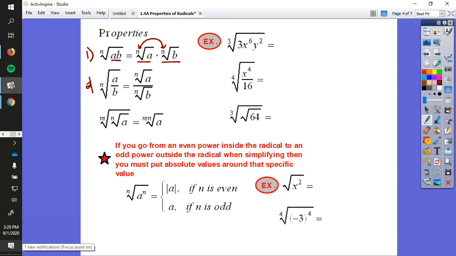With quotient properties, we looked at splitting it up, but you also want to keep in mind we could also bring it back. So let me show you what I mean by that. If we had something like the square root of 2, let's say, and then the square root of 8, and this is the problem that was given to you, what we have going on here seems like a lot, because the square root of 2 doesn't come out nice, square root of 8 doesn't come out nice.